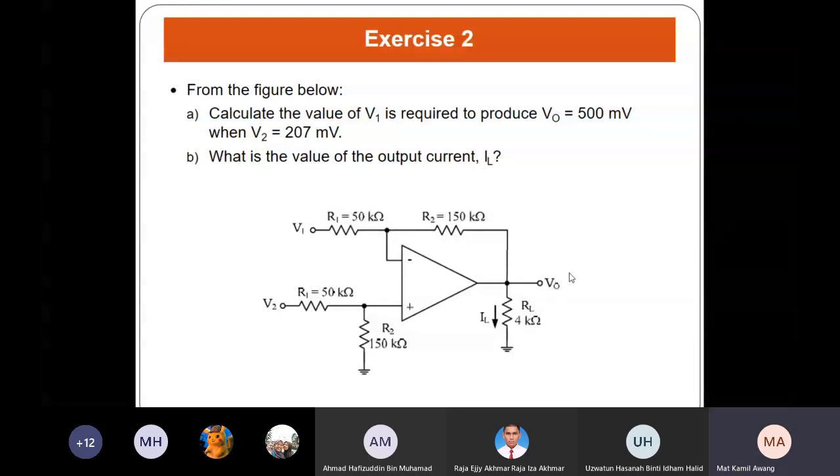So the question is a bit tricky. And another one is to find the value of IL, the current.